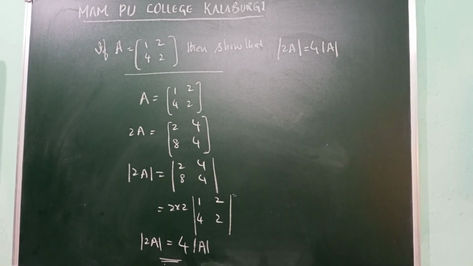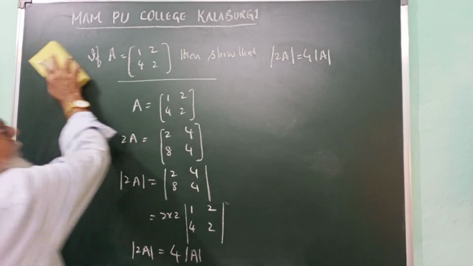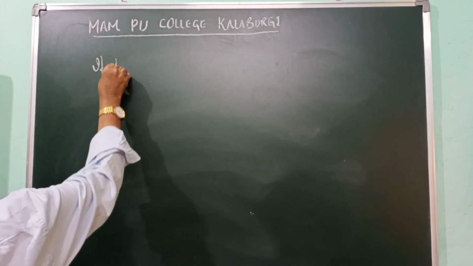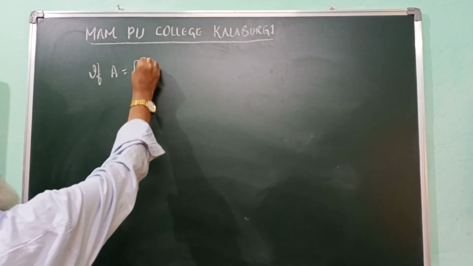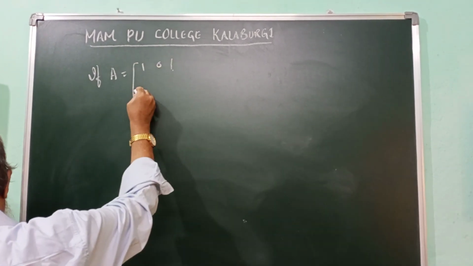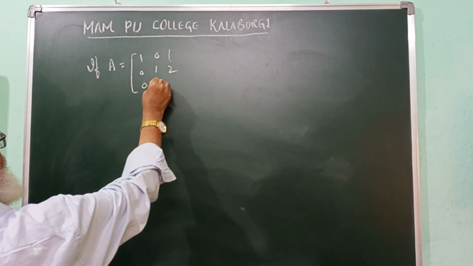Similarly, the same problem we can solve by the same method for the third order also. Let us see. A is equal to 1 0 1, 0 1 2, 0 0 4.